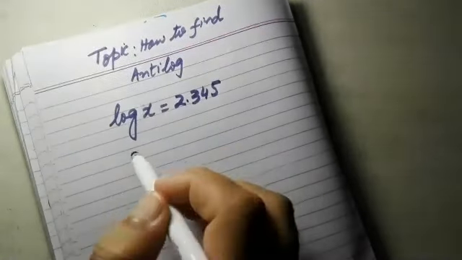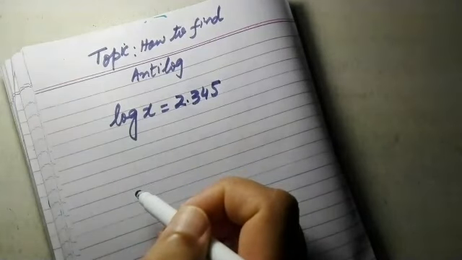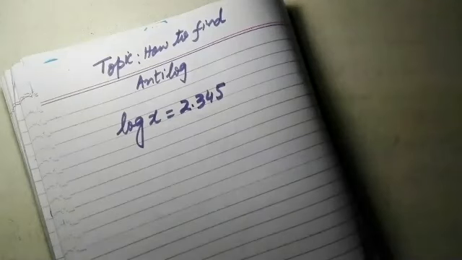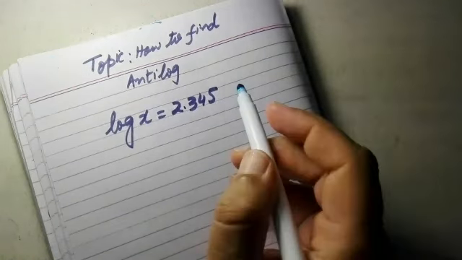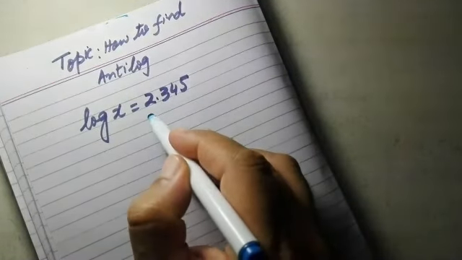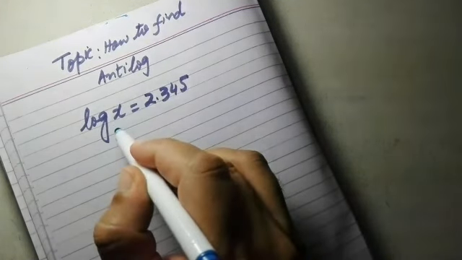To explain how to find the anti-logarithm, we should better understand that the logarithm of a number is already given. We just have to find the number whose logarithm is provided.